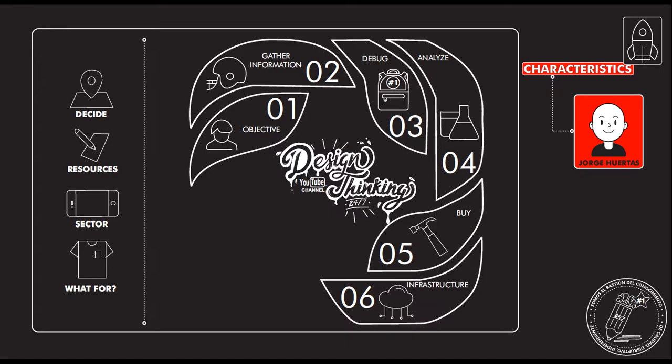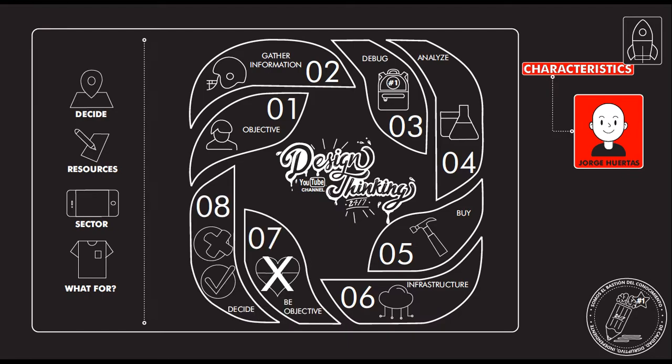Then you analyze that information. And of course, you can determine if there is a potential market of people who will be willing to buy your product or your service, or also if there is a market for the career that you want to study. Then you start analyzing the infrastructure that you have at the moment and the infrastructure that you can get in the future.